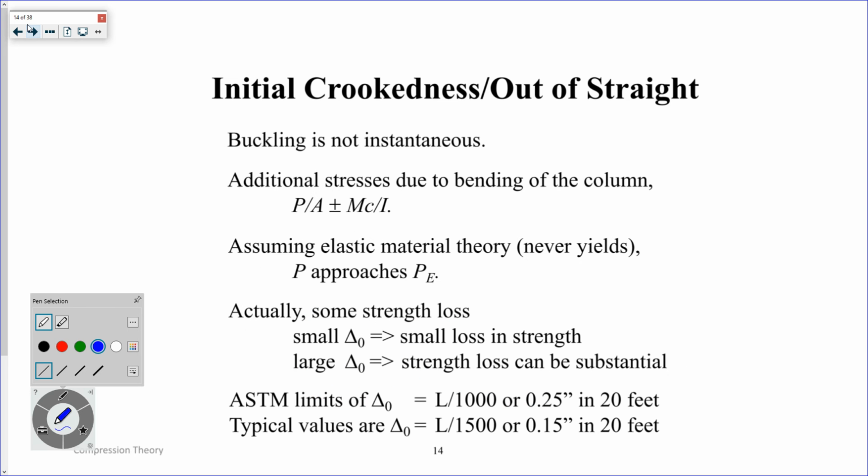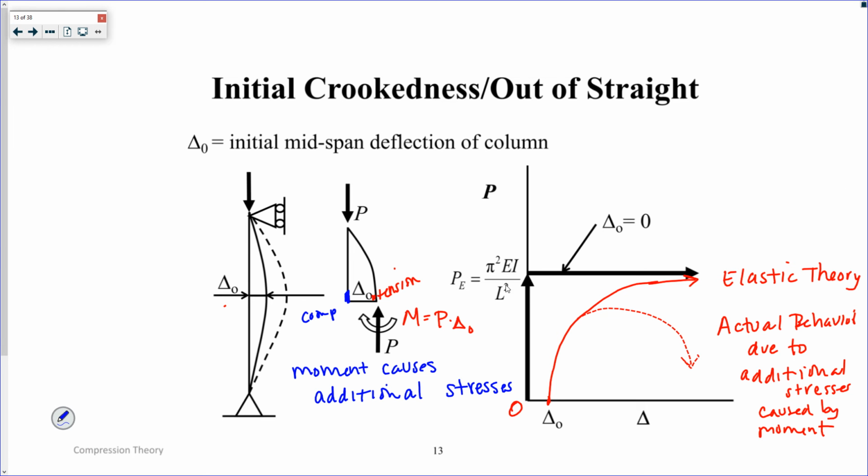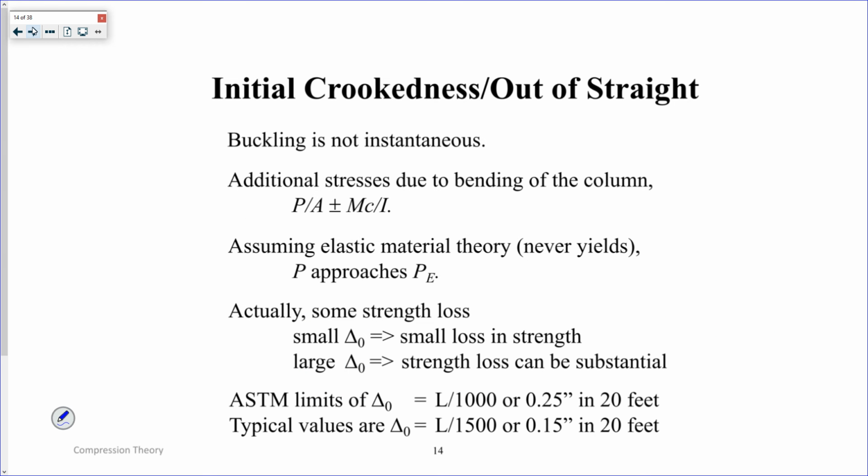So let's summarize. Buckling is not instantaneous, right? If you look at the elastic theory curve, instead of going fine, fine, fine, whoops, I buckled, it's going to gradually buckle. So that's almost kind of good, right? There's some warning.